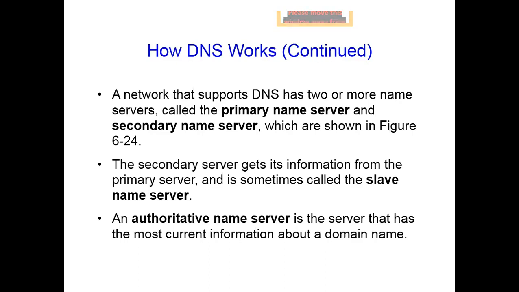The authoritative name server is the server that has the most current information about a domain name. Kumbaga siya yung pinaka-update. Yung secondary server naman, sometimes called the slave name server. Kumbaga slavery siya.